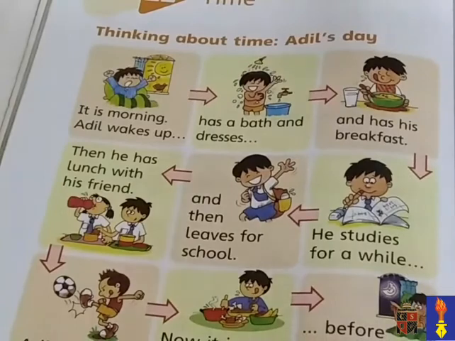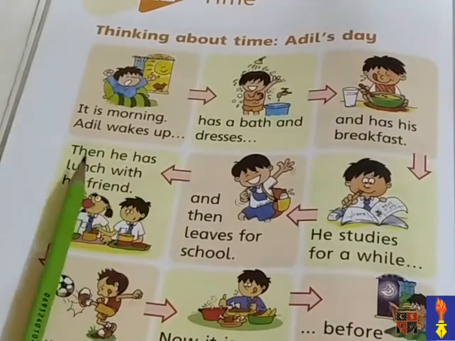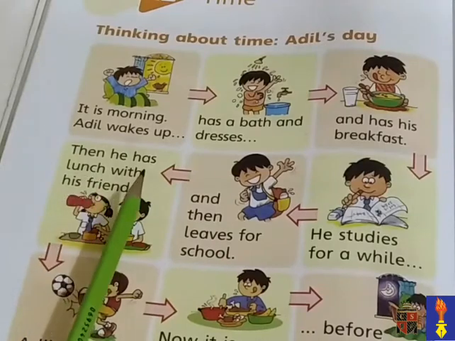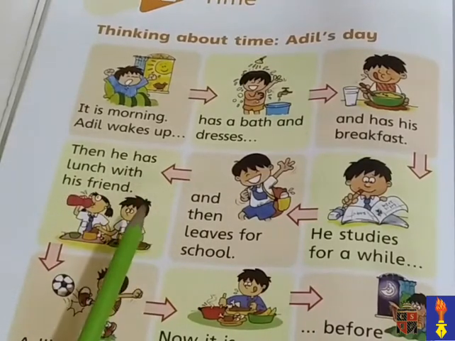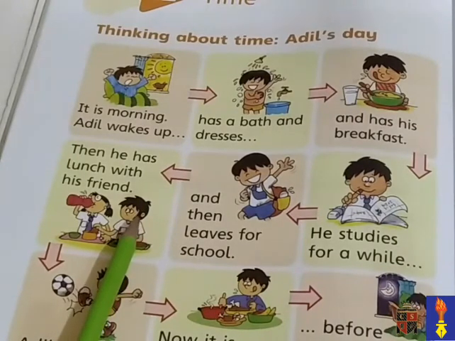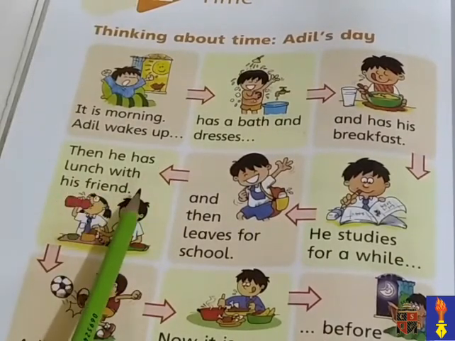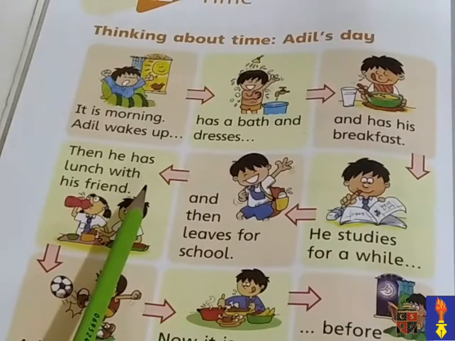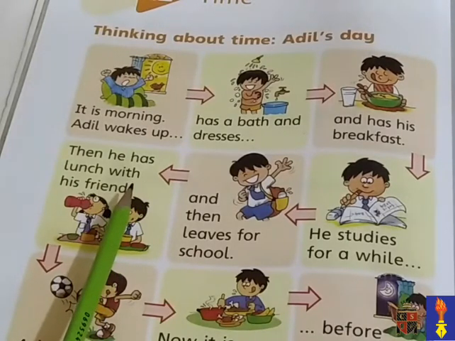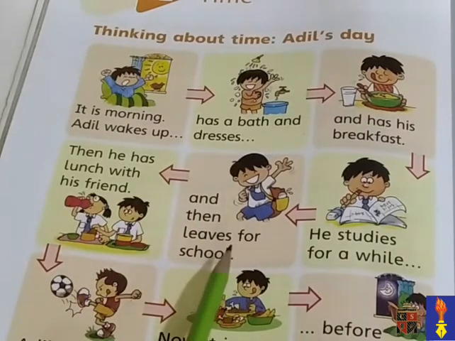Okay, then it's afternoon time, when he takes his lunch with friends, like you having a lunch at school with your friends, or you take lunch at home. So then he has lunch with his friend in the afternoon, like 11:30 you take your lunch, or 11 o'clock, and then he leaves for his school.